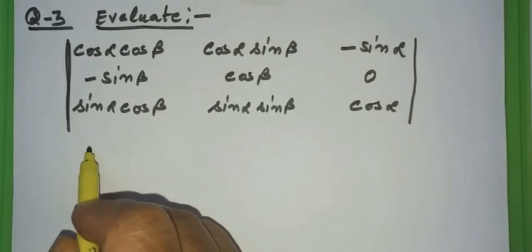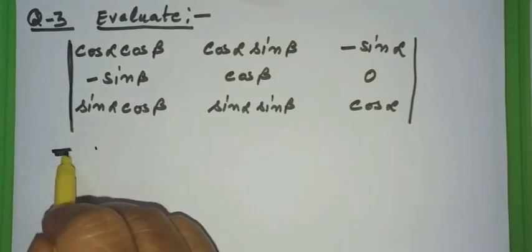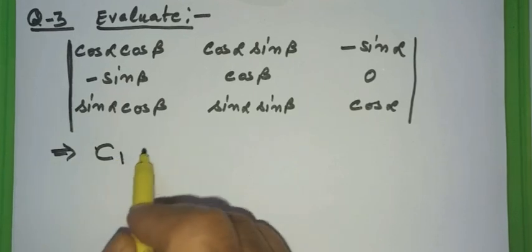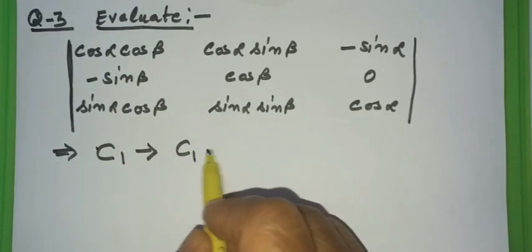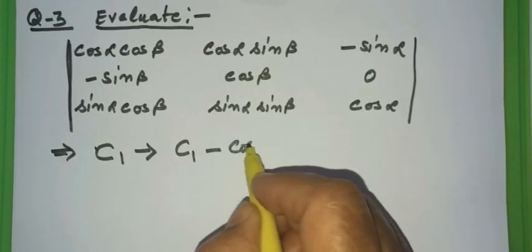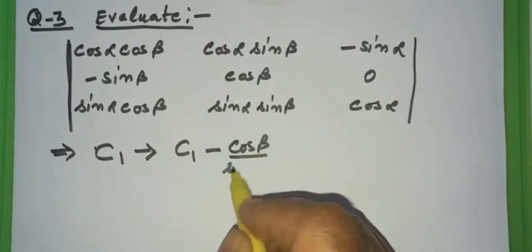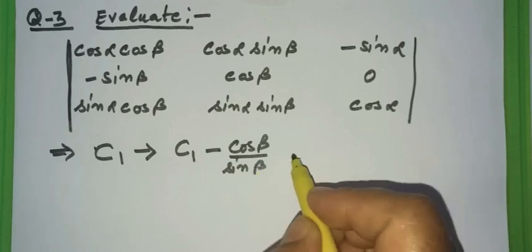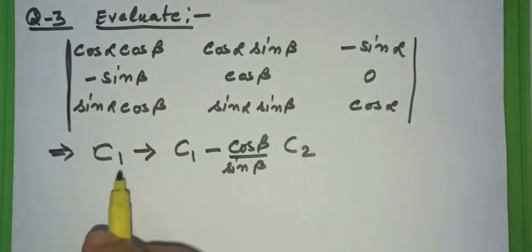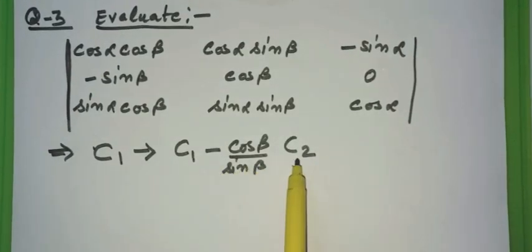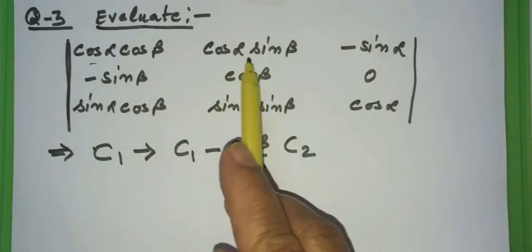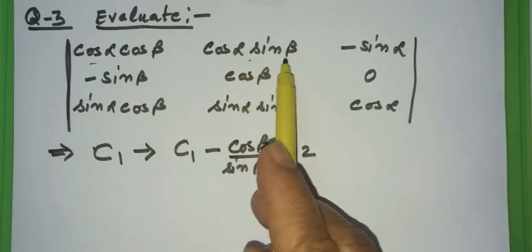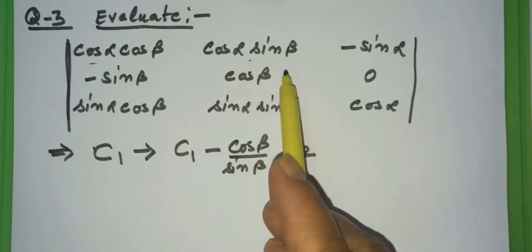Still, to make it simpler, I can use this property: in C1 I apply C1 changed to C1 minus cos beta upon sin beta times C2. Why am I applying this? Let me explain. From this number, I subtract this number multiplied by cos beta upon sin beta.